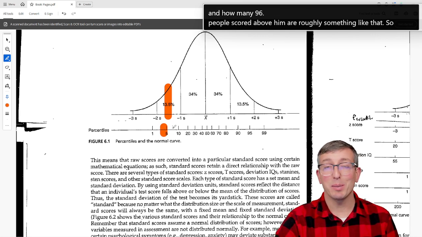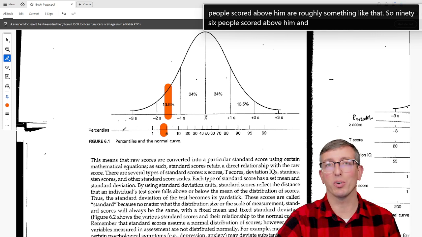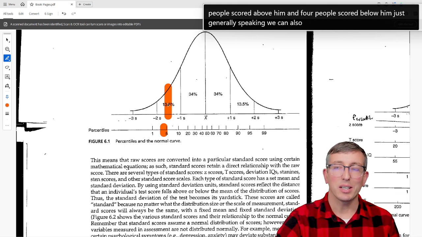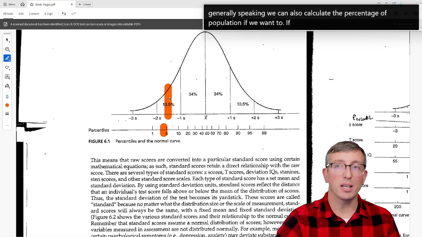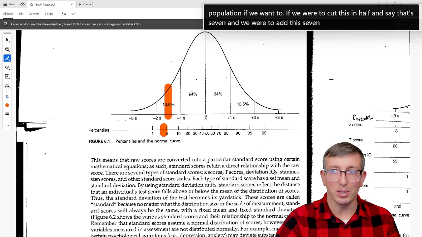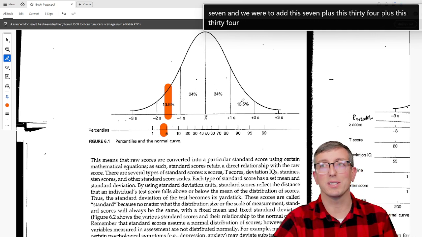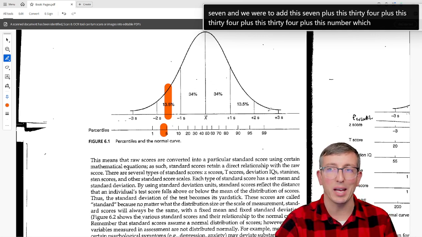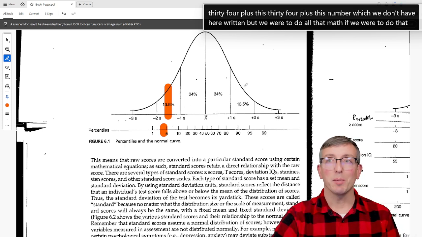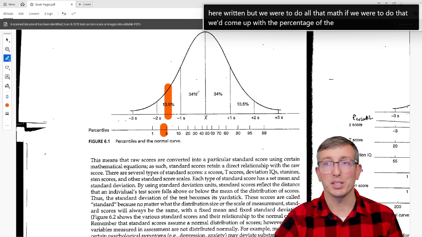So 96 people scored above him and 4 people scored below him, generally speaking. We can also calculate the percentage of the population if we want to. If we cut this in half and say that's 7, and add this 7 plus this 34 plus this 34 plus this 34 plus this number, which we don't have written here, and did all that math, we'd come up with the percentage of the population that scored above him.